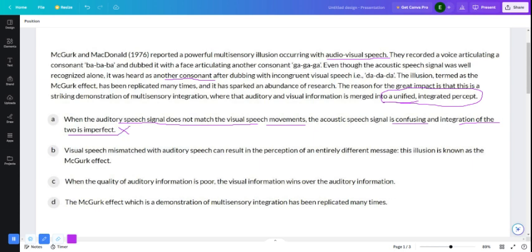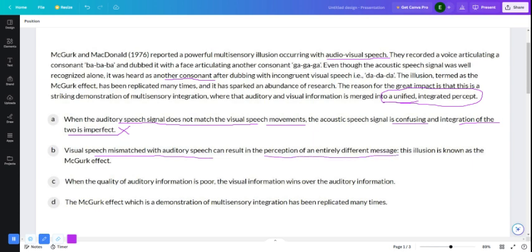Let's check the second option: visual speech mismatched with auditory speech can result in the perception of an entirely different message. This illusion is known as the McGurk effect. Now, this is correct, and it is also said in the passage.